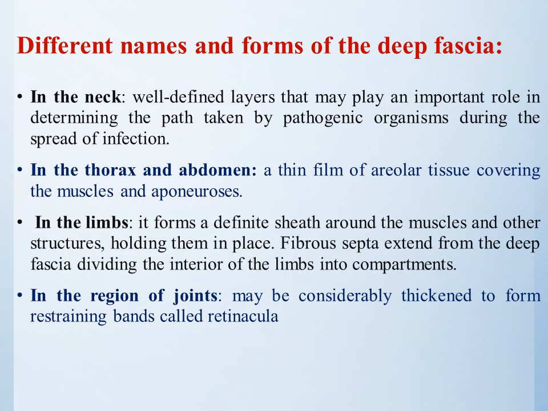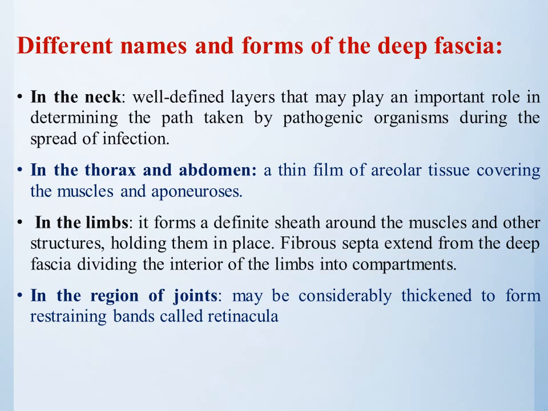Deep fascia in different regions of the body has different names and forms as follows. In the region of the neck, it's well defined, and this may play a role in determining the path taken by pathogenic organisms during infection.